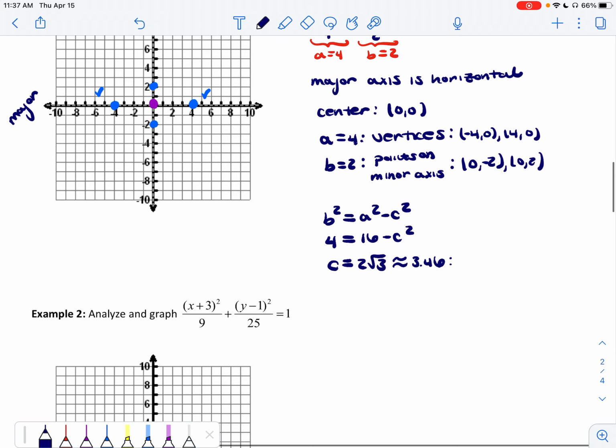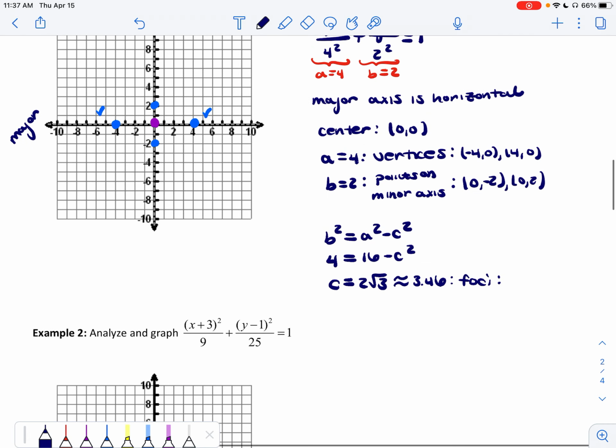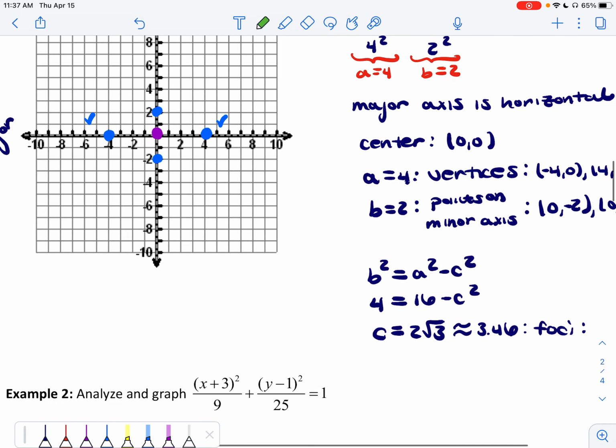So from the C value then, we can find the foci, right? Those are also going to be along the major axis. So to the left and to the right of the center, we're going to go out 3.46 units. And of course, just do the best you can to approximate the decimal when you're graphing these.